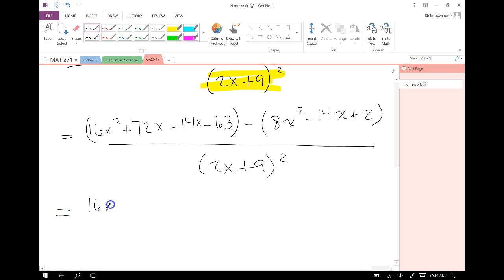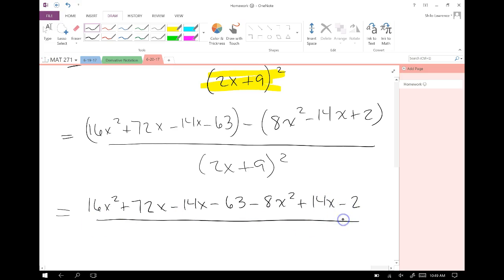So we've got 16x squared plus 72x minus 14x minus 63 minus 8x squared plus 14x minus 2. And we'll combine all the like terms in the top. You don't need to FOIL out the bottom.